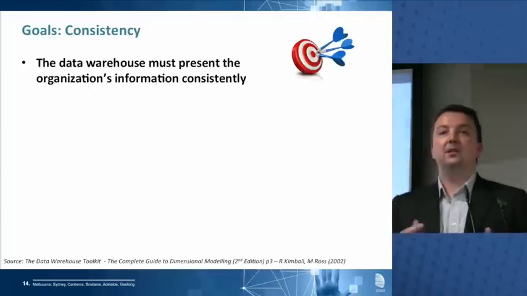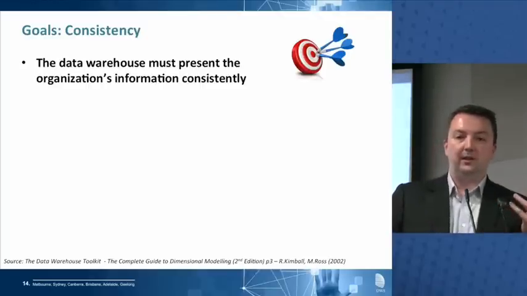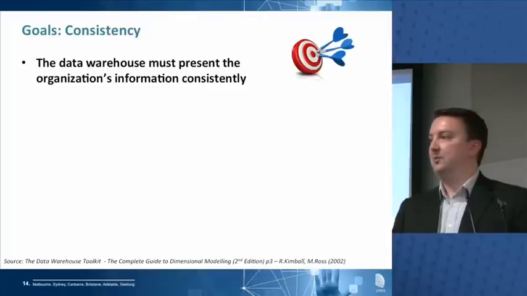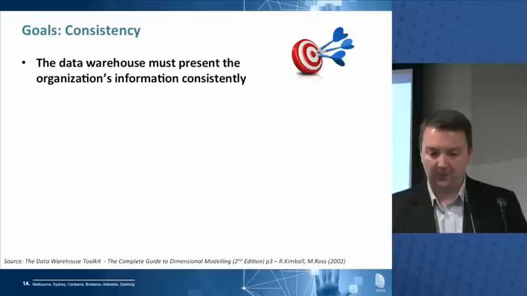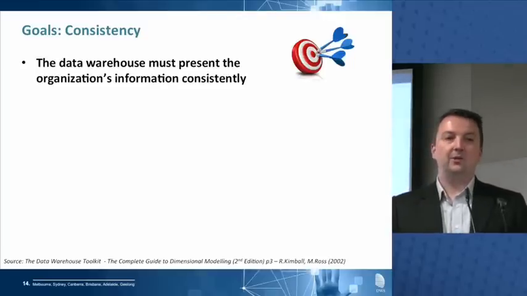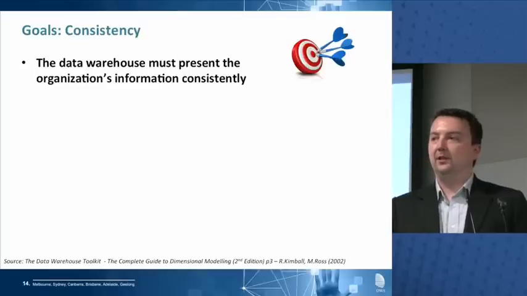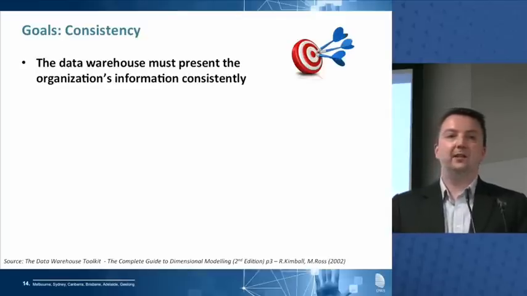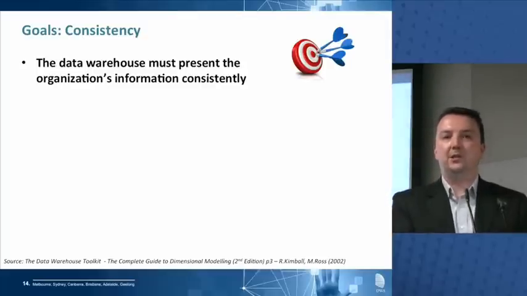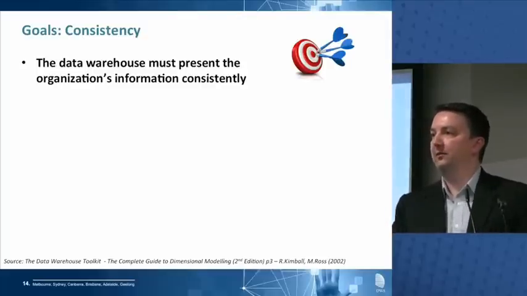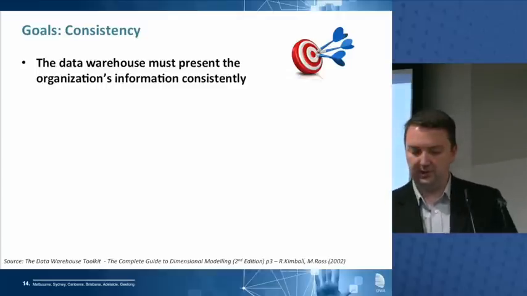Could just be some definition, like the sales definition of customer versus the deliveries definition of customer. Right, so consistency. It's important for us to consistently define data across the organisation, have the same definition of customer across the organisation, have the same definition of product across the organisation.